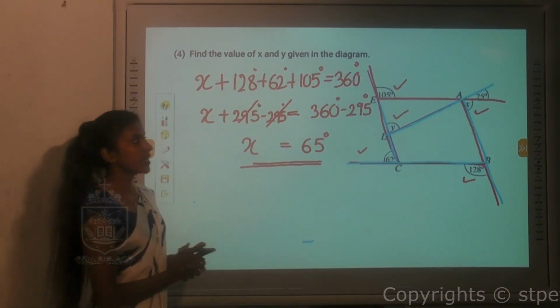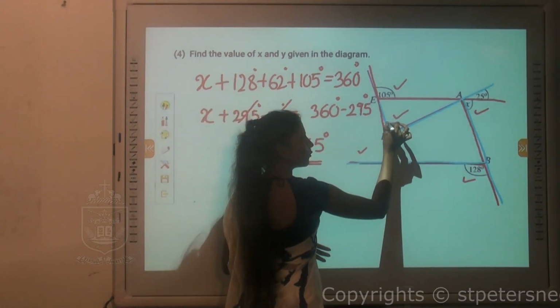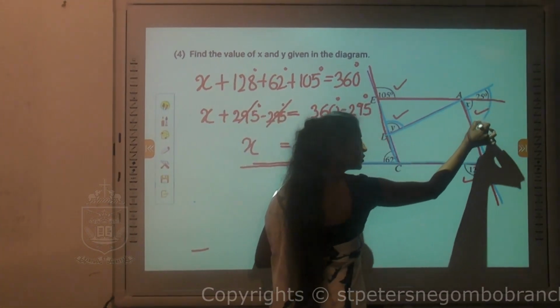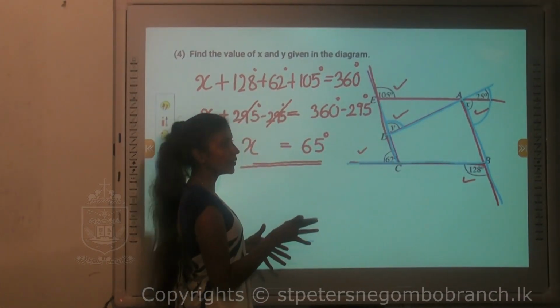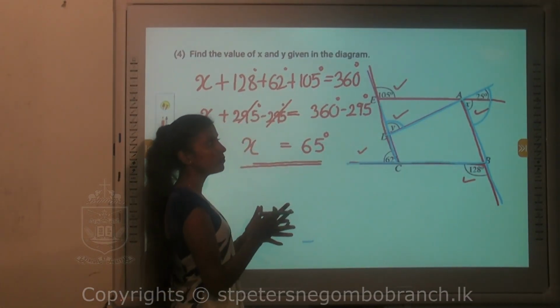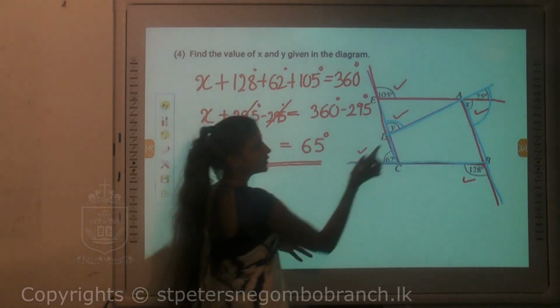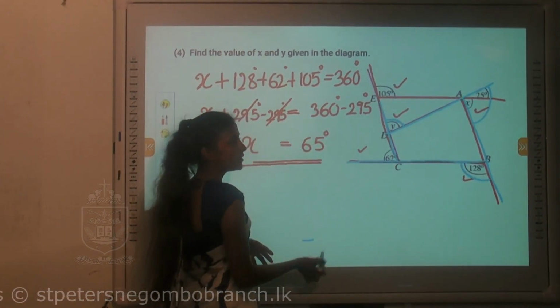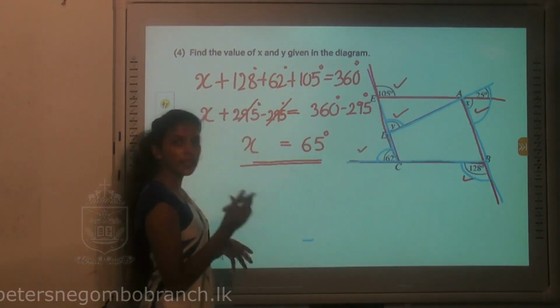Look at the exterior angles formed. Y is an exterior angle. These two angles should both be considered because both will form an exterior angle at that vertex. And this is the other exterior angle, and this is the fourth exterior angle.